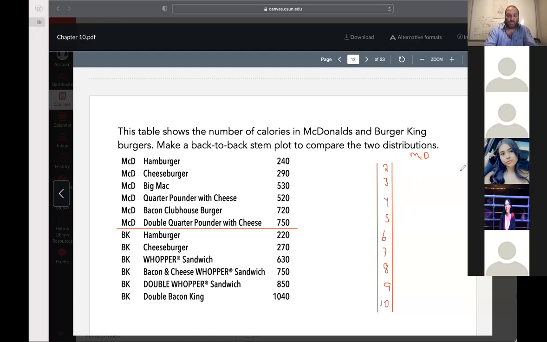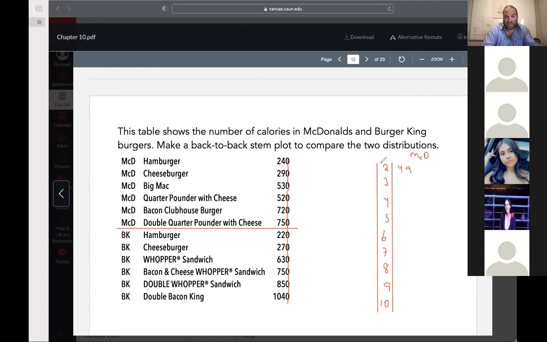Okay, so if I interpret this by ignoring the last digit, because the last digit is 0 for all of them, then how would I put the McDonald's hamburger in my stem plot? Put a 4 and a 9 after the 2.